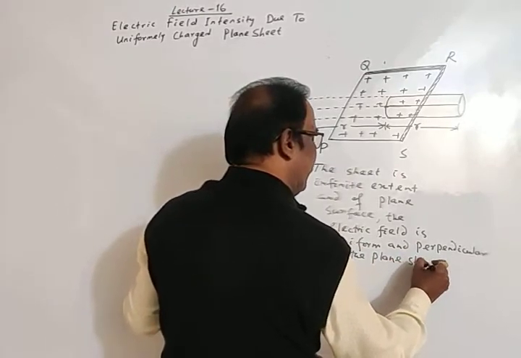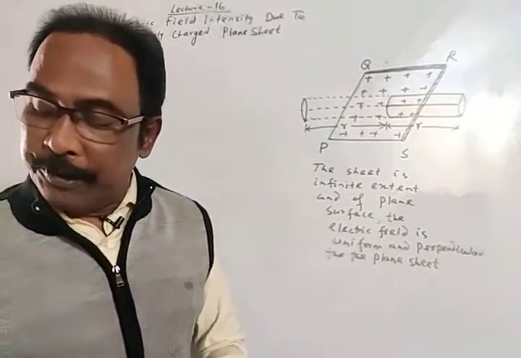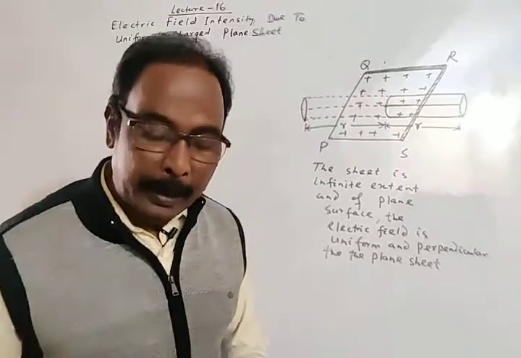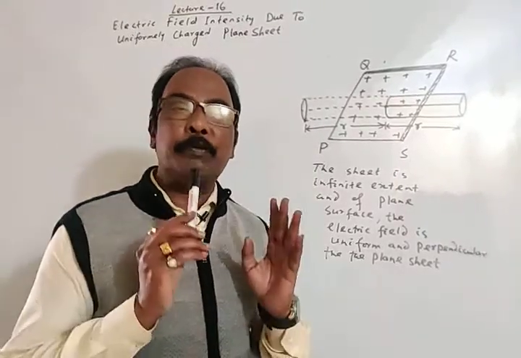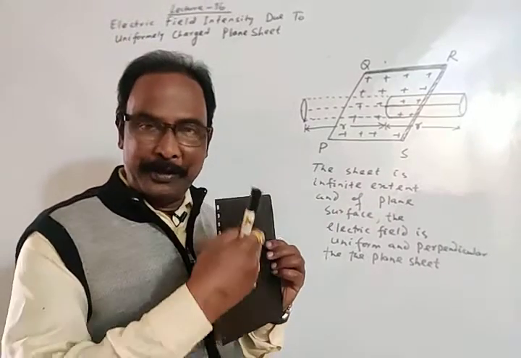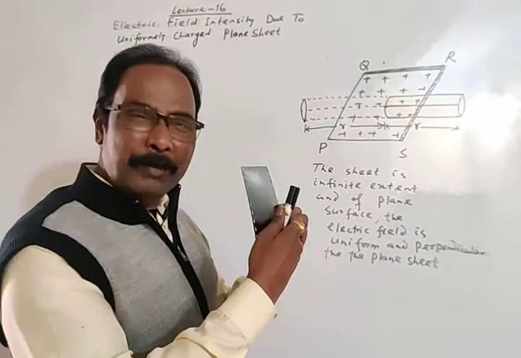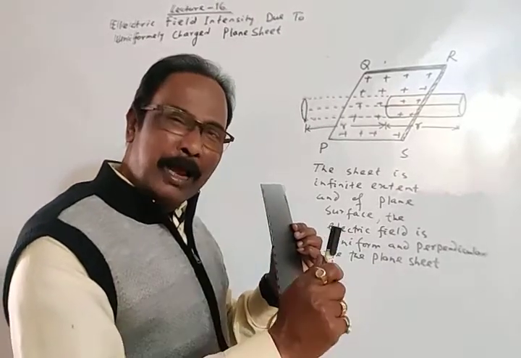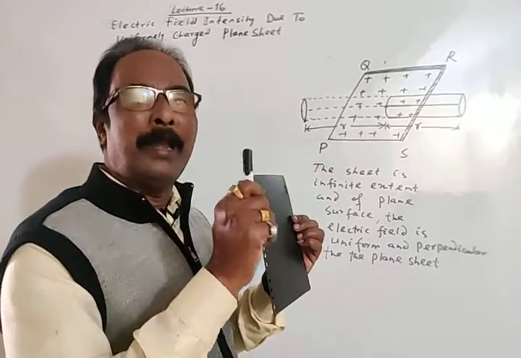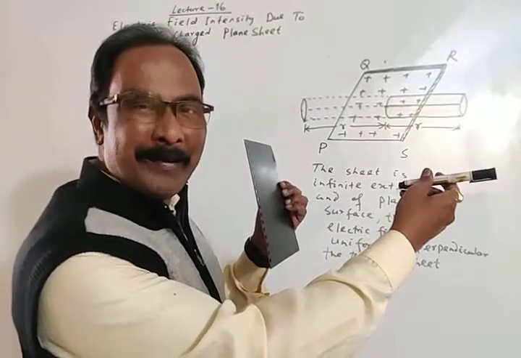Electric field is uniform since the distribution of charge is uniform. Again, electric field is perpendicular to the surface of the plane sheet. If positive charge is given, then the electric field is uniform, perpendicular and away from the surface.